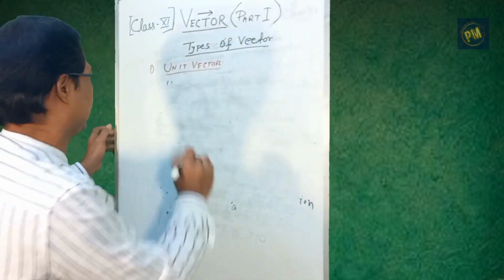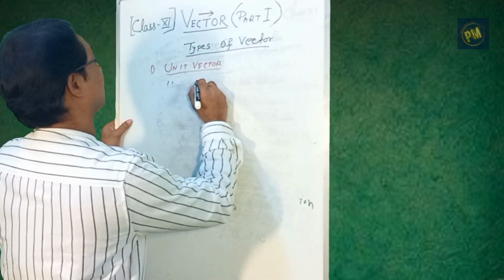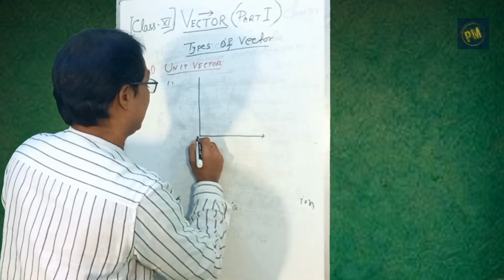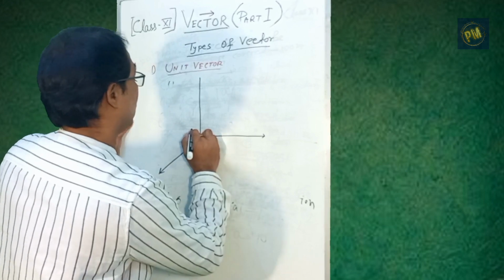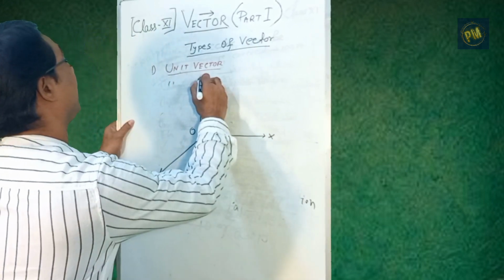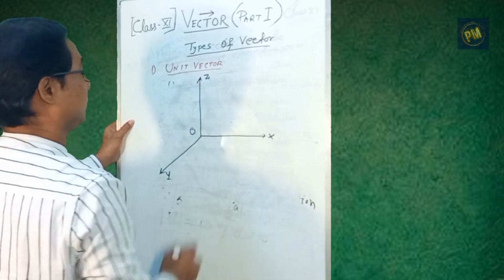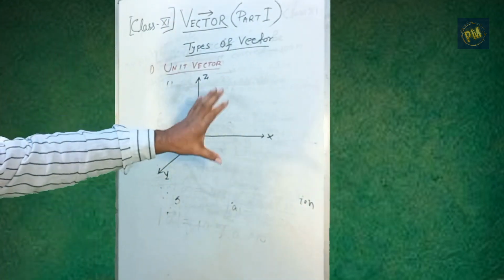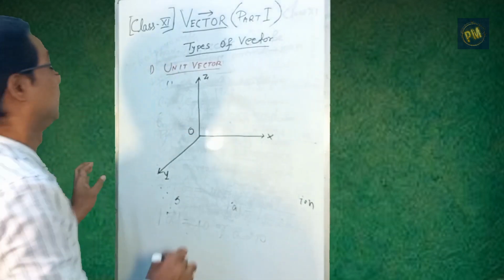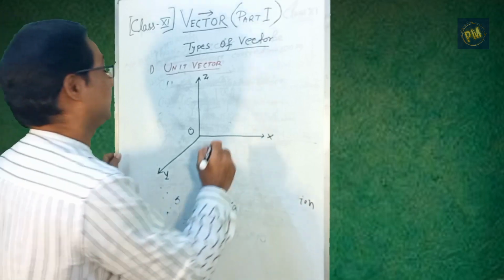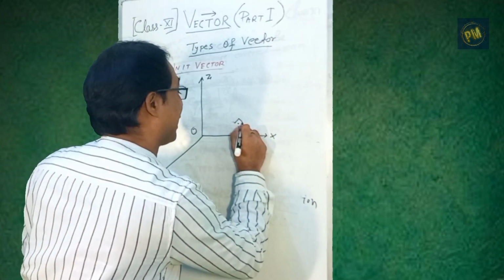Now take a three-dimensional Cartesian coordinate system, OX, OY and OZ. This is a three-dimensional Cartesian coordinate system. The unit vector along the x direction is taken as i cap.